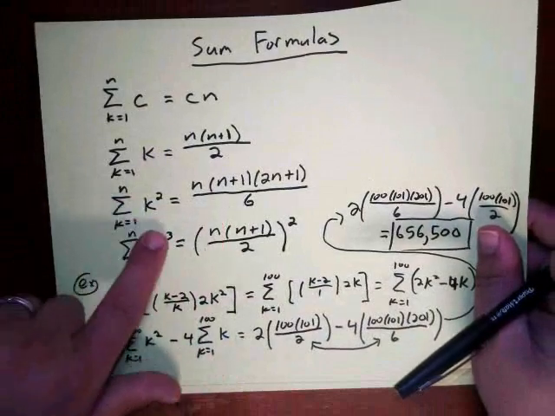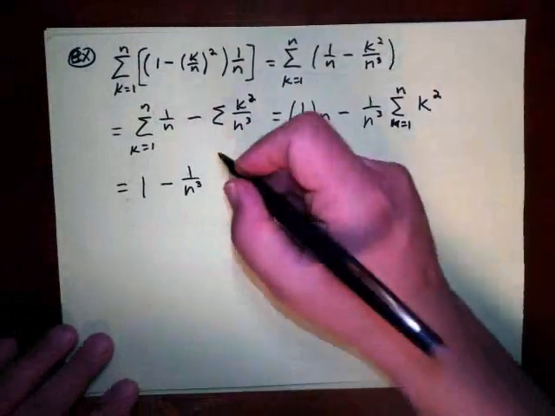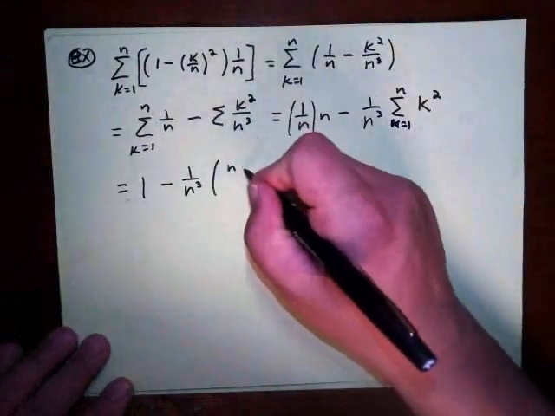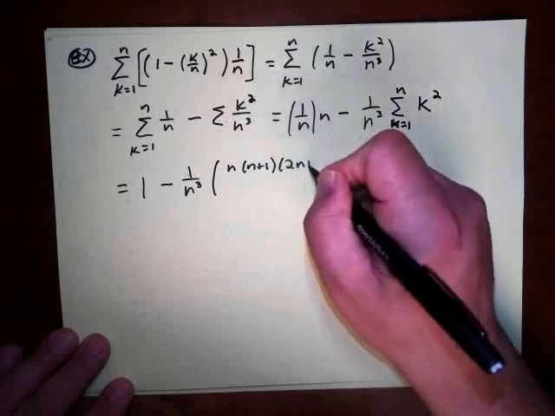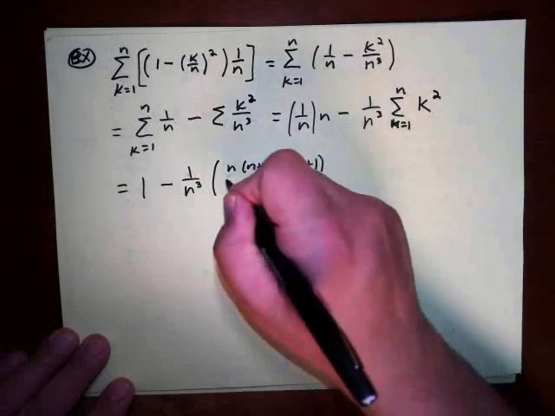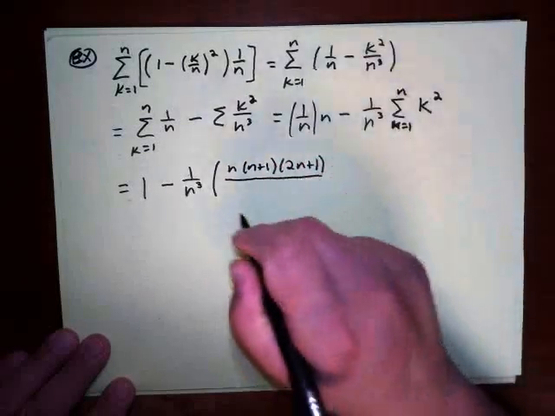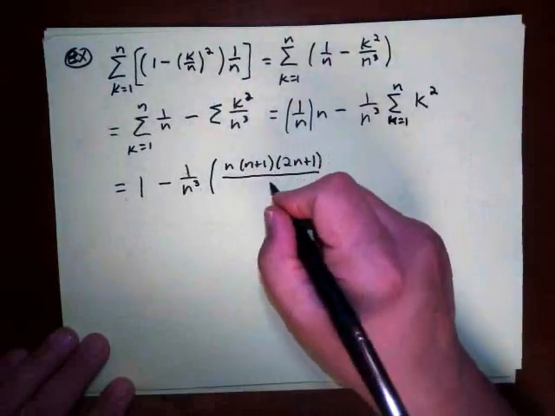If it's the sum from 1 to n of k squared, this is the formula. And so I'm going to put that in for this: n times n plus 1 times 2n plus 1, all over 6.